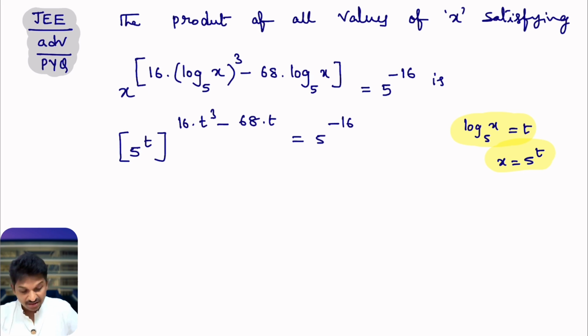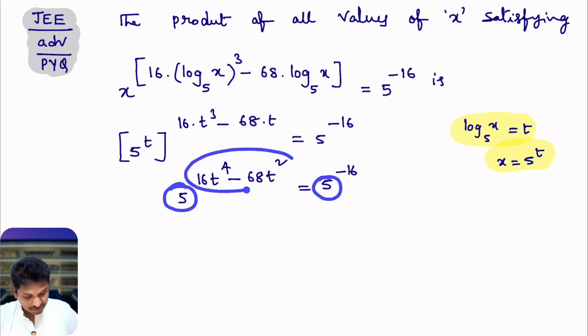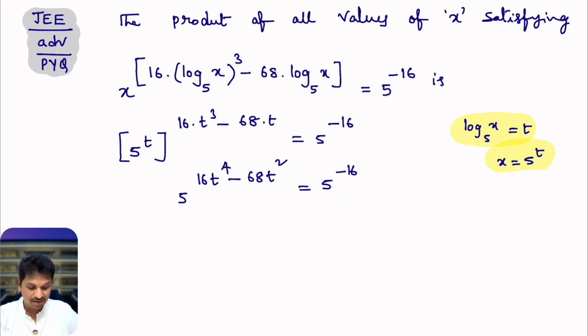See, this is a power m whole power n, a power mn. So this is 5 power 16 t power 4 minus 68 t square equal to 5 power minus 16. As bases are same, powers should be equated, right? Equate these two things.